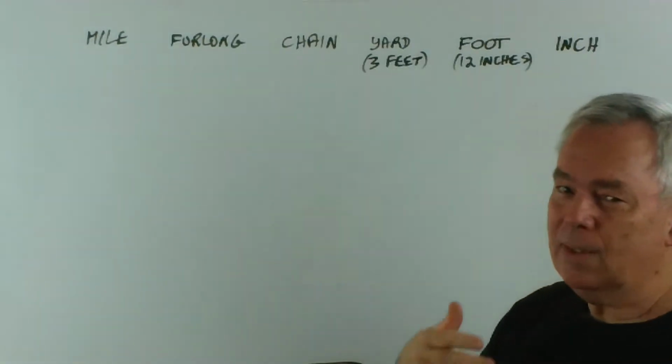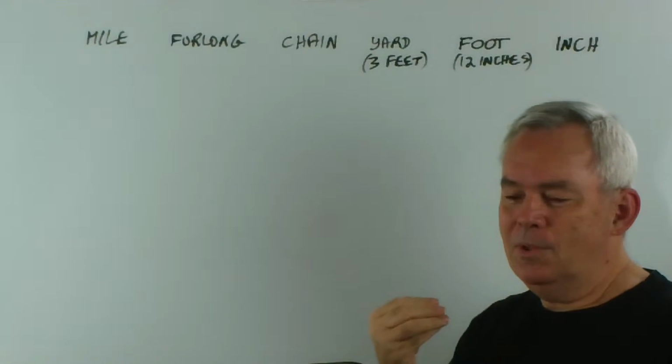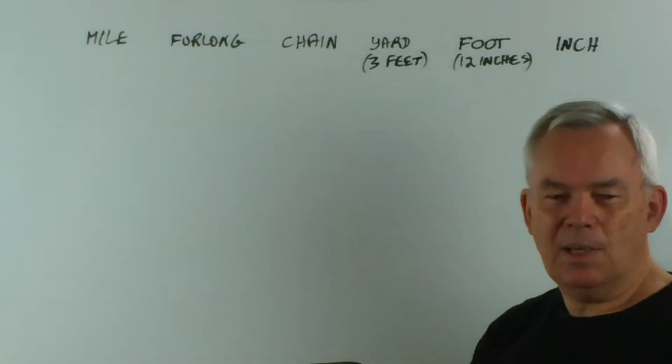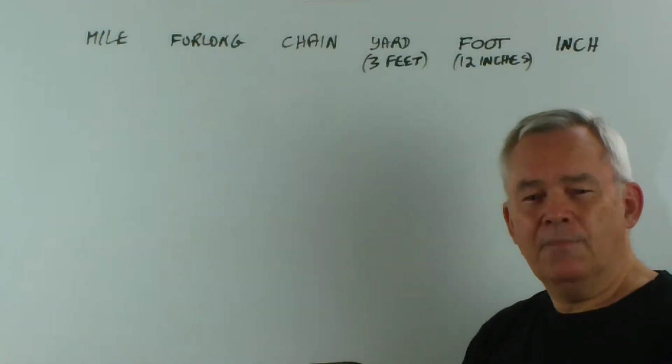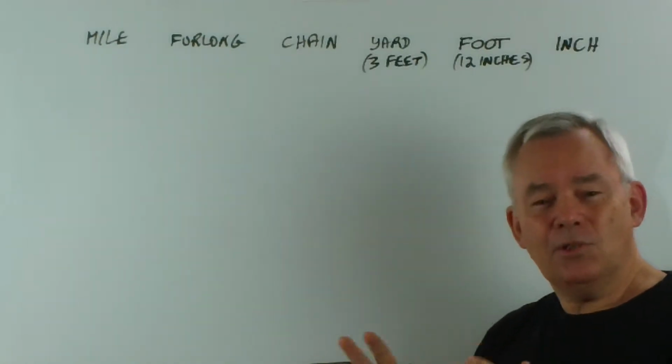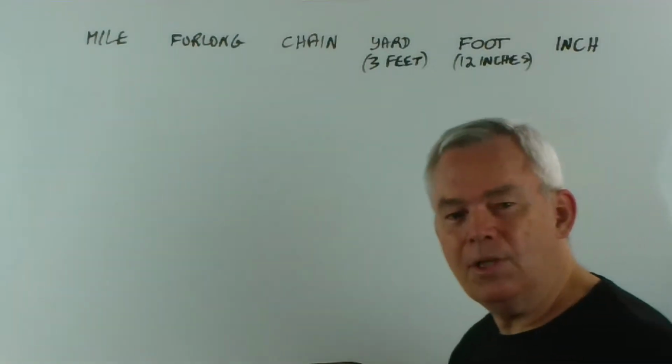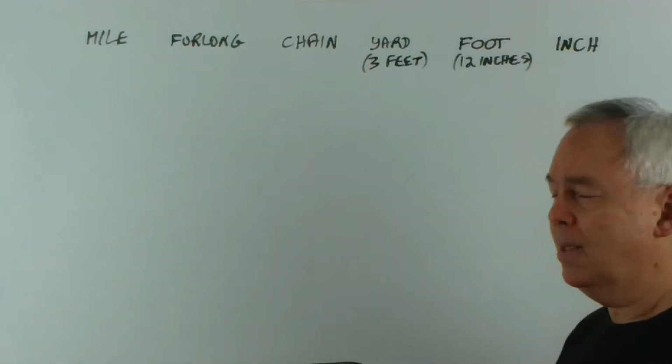Now, you've probably heard the term pace. A lot of people today think a pace is a step, but it's not, and it never was. A pace is 2 steps, the sort of distance you take when you go from your left foot to your left foot again when you're marching.